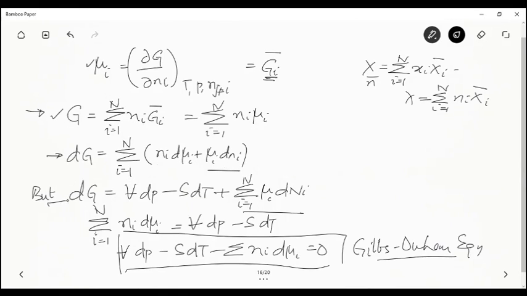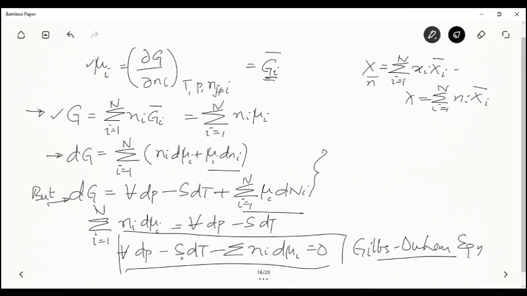But from the fundamental law of thermodynamics, we wrote dG is v dp minus s dt plus summation of mu i d Ni. Comparing these two, we eliminate the mu i d Ni terms and say that v dp minus s dt minus summation of ni d mu i is equal to 0.